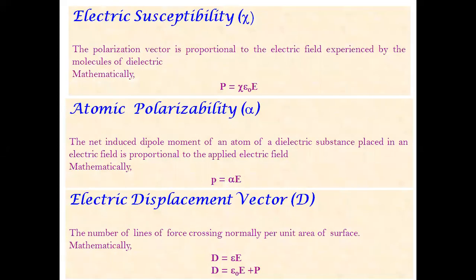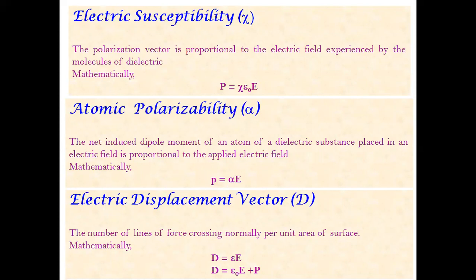Now we have to know the term electric susceptibility, which is denoted by chi. What is it? We know polarization depends on the electric field. So, when we apply an electric field, the dielectric material gets polarized.